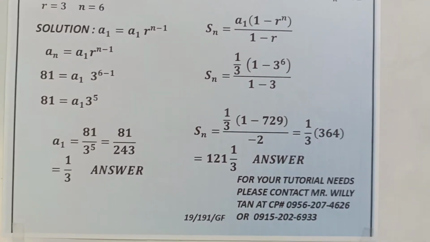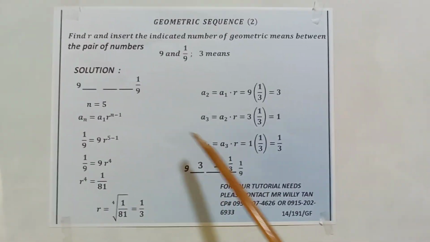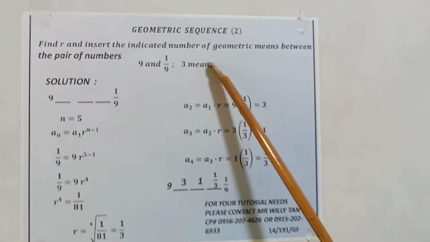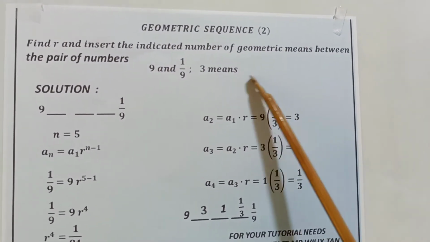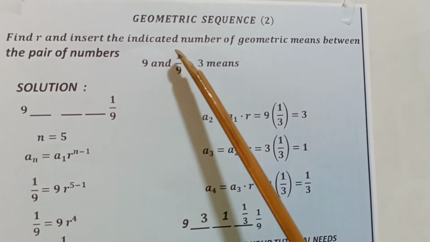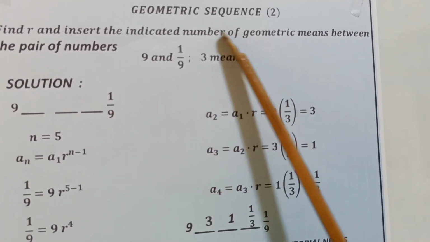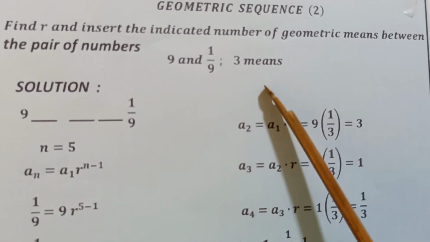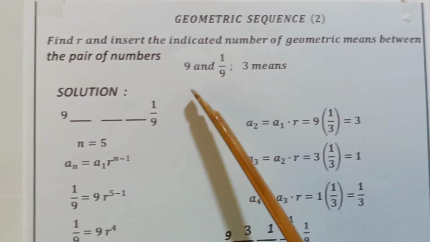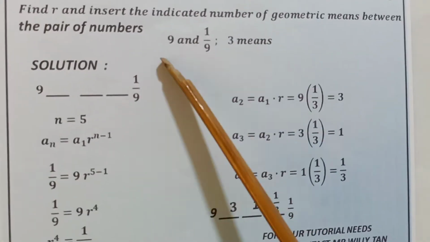So we go to the second problem. We are asked to find r and insert the indicated number of geometric means between the pair of numbers 9 and 1/9, and we are asked to find the three means in between these two given numbers. So we just spread out these two numbers.